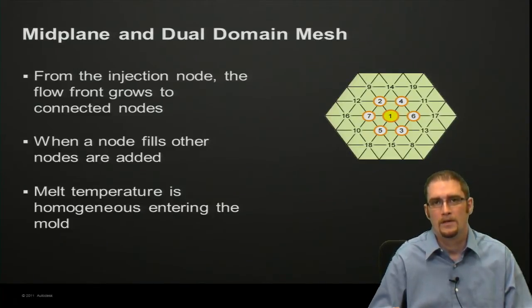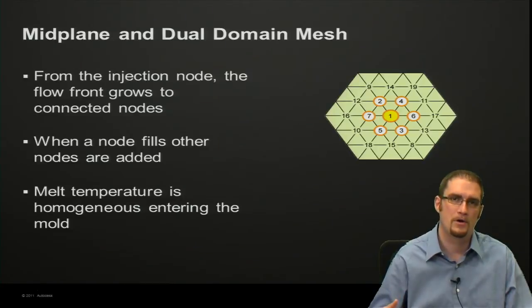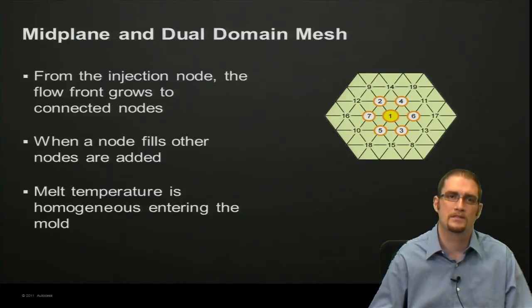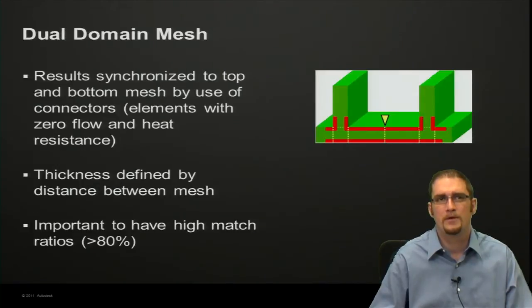So a node is filled, properties are calculated, it progresses on to the next node in line. And the assumption with this is that the melt temperature is homogeneous when entering the mold when you're using injection location only here. Dual domain is a unique mesh type to the Simulation Moldflow products.